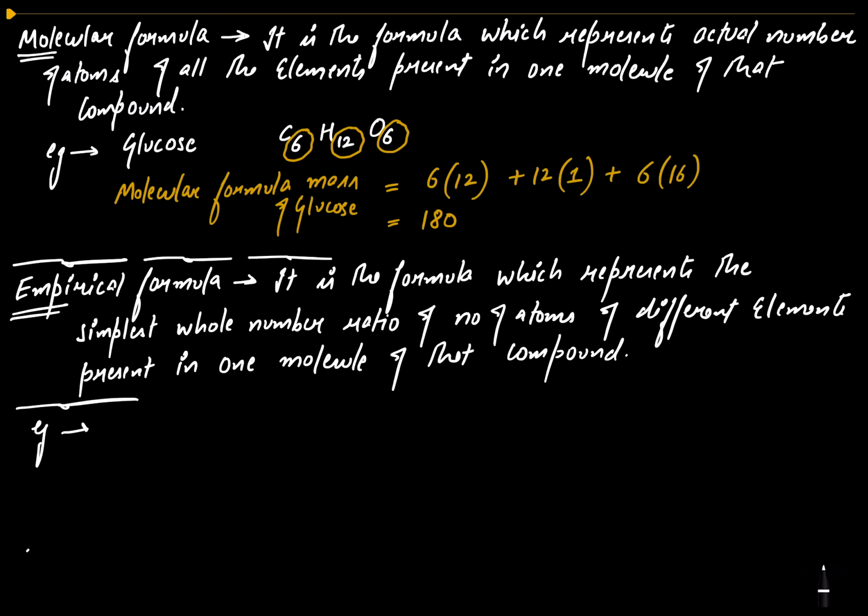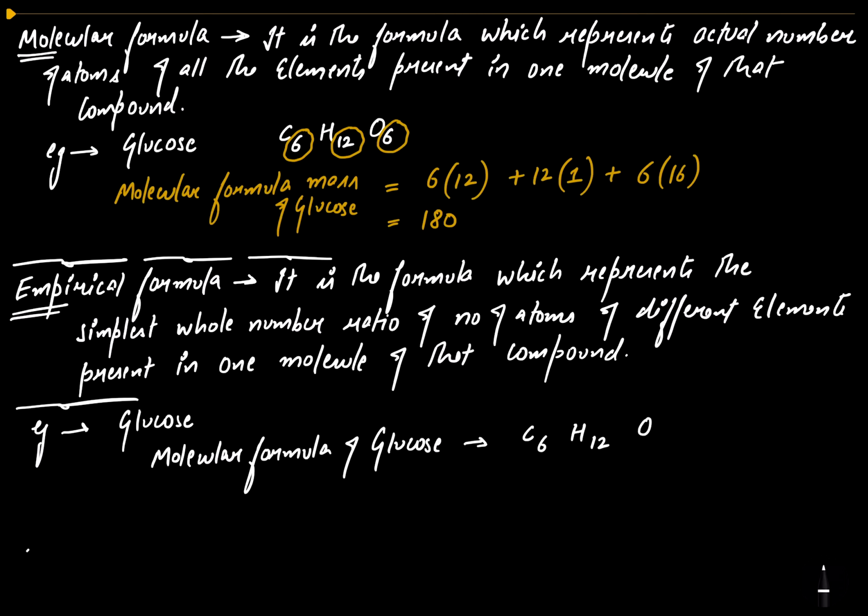Now I'm taking the example of again glucose. What's the molecular formula of glucose first? It is C6H12O6.